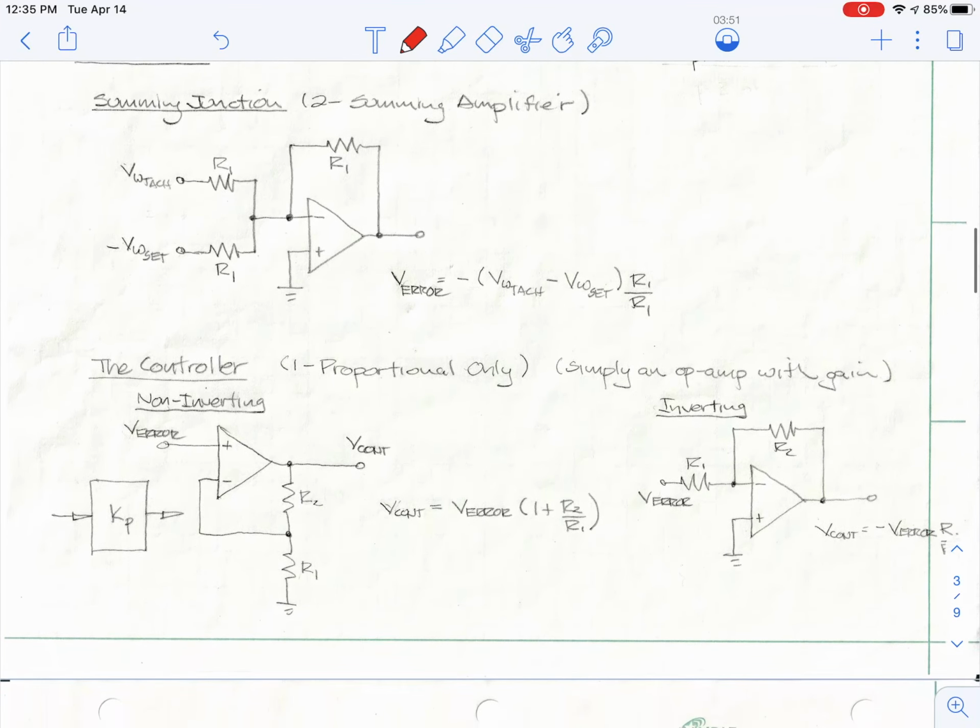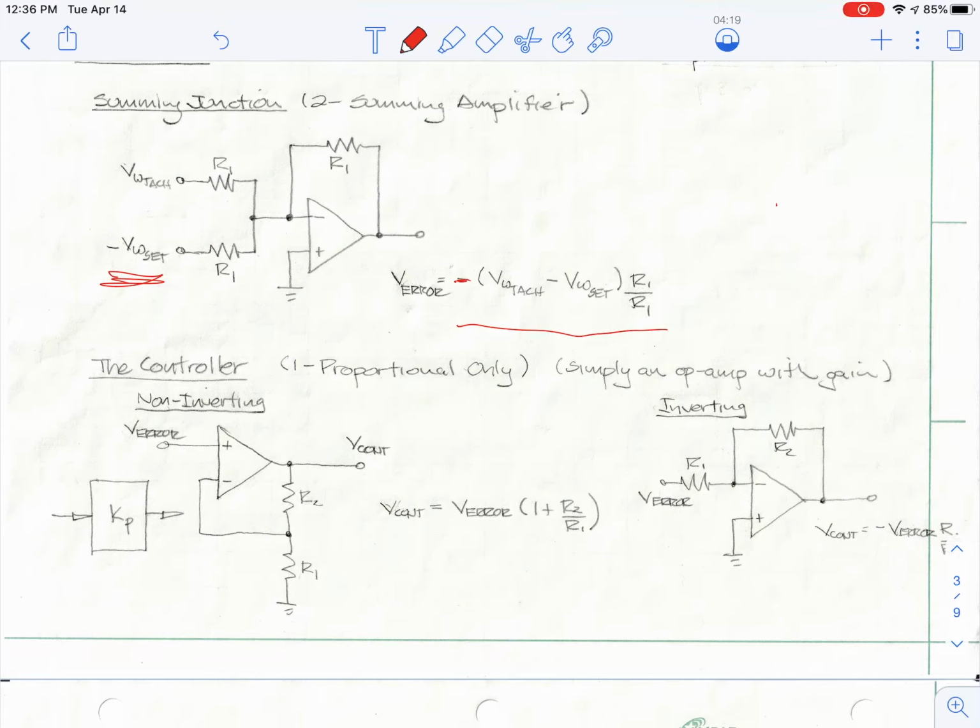Second thing is a summing amplifier, in which case I would have to put in a negative voltage here, and then I still get the sum out of this, and because it's inverting, I get the negative sign there. So basically this is just sign accounting, and I just have to make sure that everything that I do, I account for all the signs as I'm going through the system.